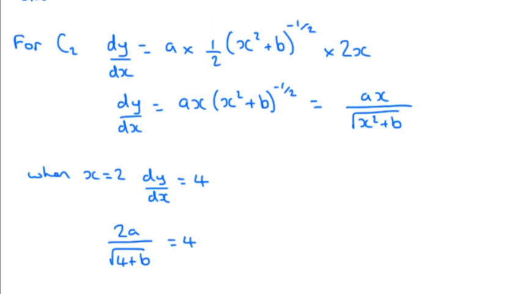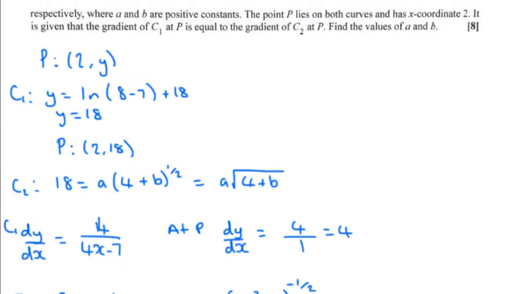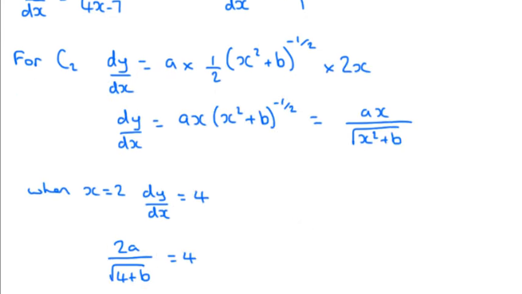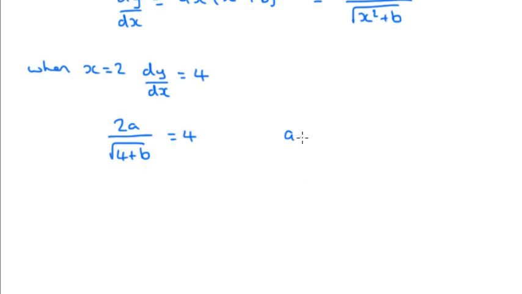So we've generated a pair of simultaneous equations. We know from here that a root 4 plus b needs to equal 18, and we know from here that 2a over the root of 4 plus b needs to equal 4.